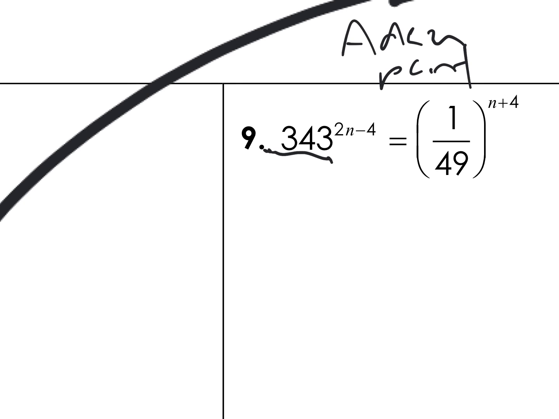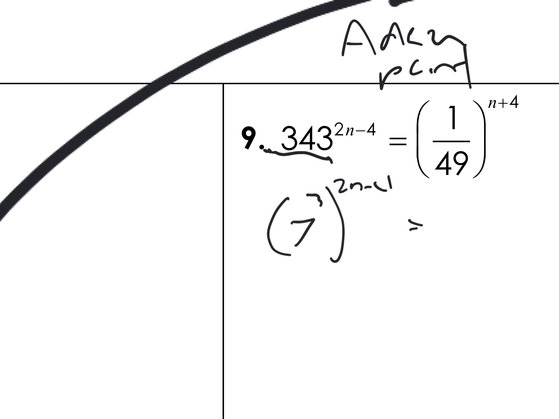Okay, so 7 to the third is all raised to the 2n minus 4. I don't really want 1 over 7 squared. How can I fix it? How do I flip it again?